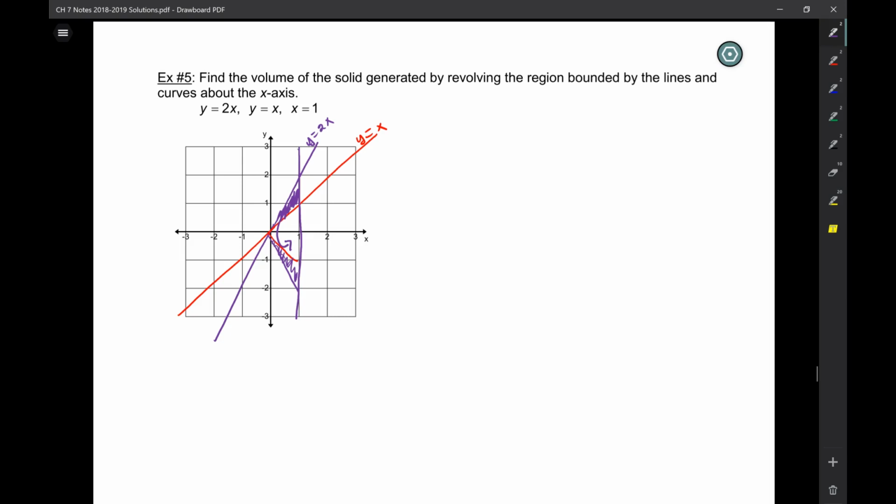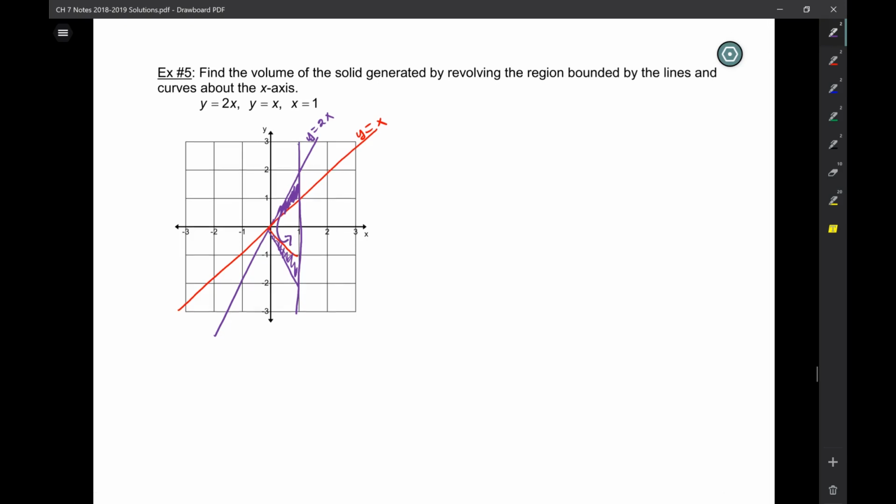Even if you just have the stuff on top, now you're revolving around the x-axis. So you say, okay, x-axis and up, what's the curve that's farthest away? y equals 2x, right? So that's your big R, y equals 2x. What's the curve that's closer? That's little r, y equals x.